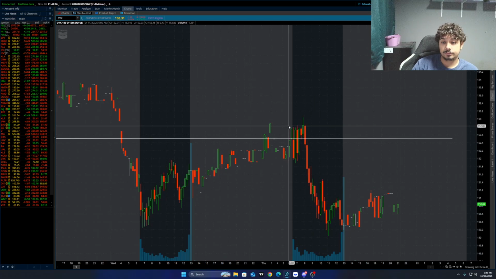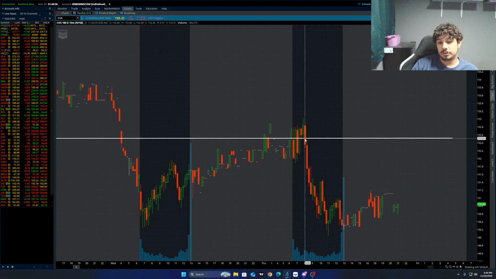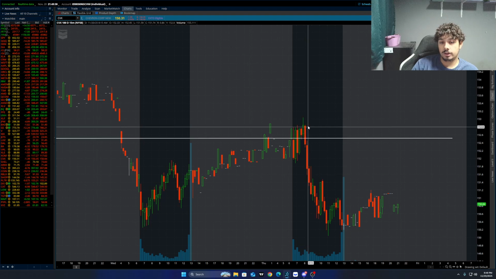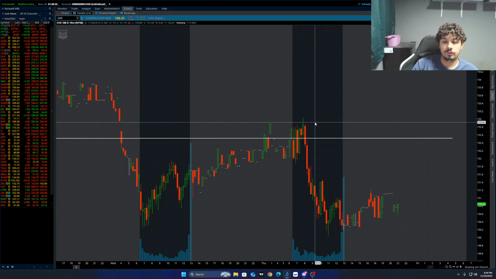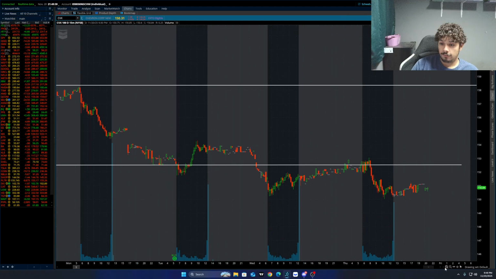So we see rejection, rejection, rejection, tried breaking, and then retraced right back, ended up closing below pre-market high, and then just instantly rejected. If you're not comfortable taking that trade there, you can take it here and then put the stop loss up here. So 152.5 to 152.9, about a 40-cent stop loss.